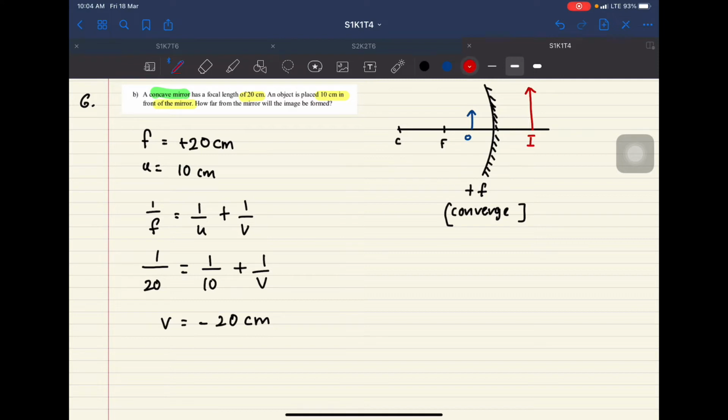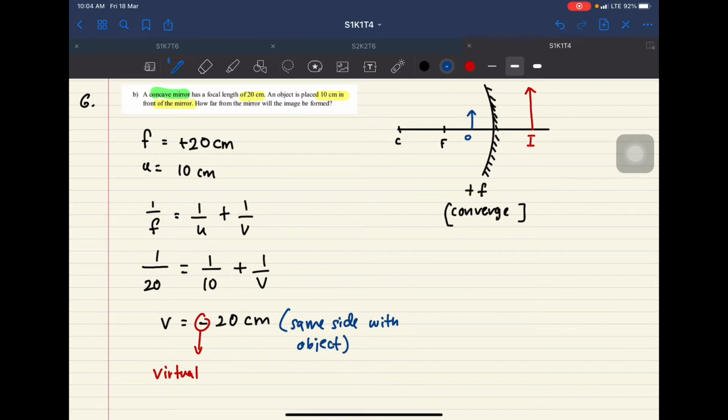The negative sign here represents that the image is virtual. If it is virtual, then you write down the position, because they ask for the position, so you write same side as the object.